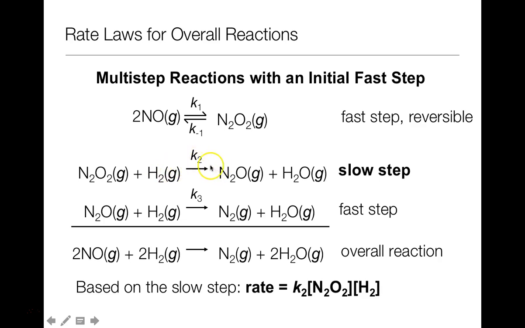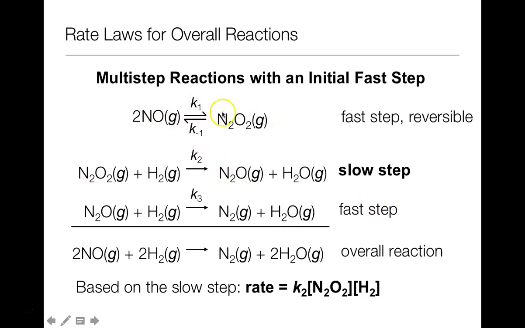This is the slow step. So this happened really quick, this happens slow. There's a rate at which N2O is formed, and the water is formed, and then we have another fast step following that.